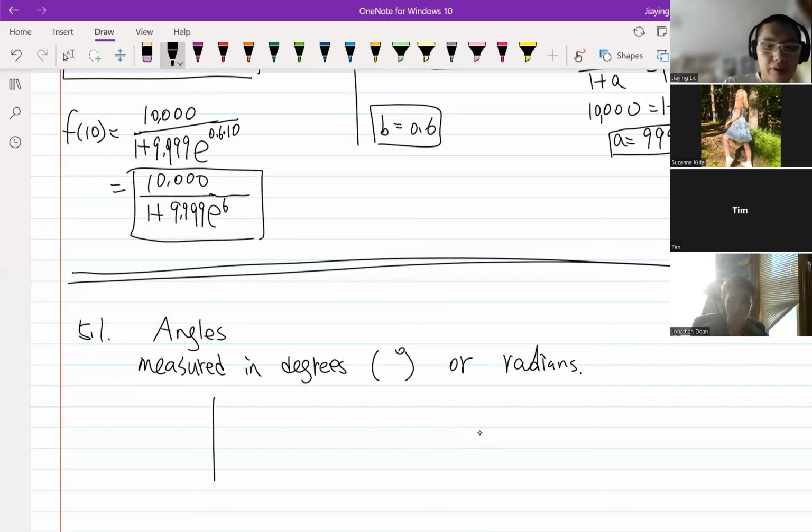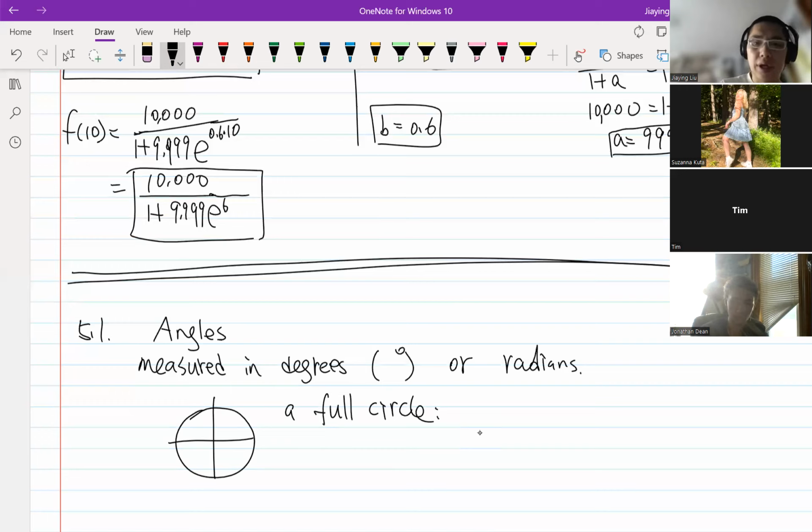And for a full circle, a full circle can be measured as 360 degrees. Or if we measure that circle in radians, that's going to be 2 pi radians.